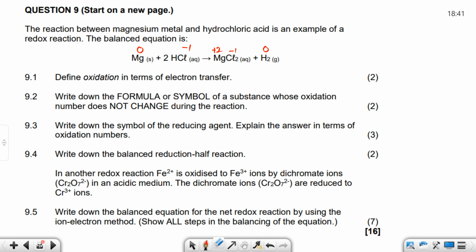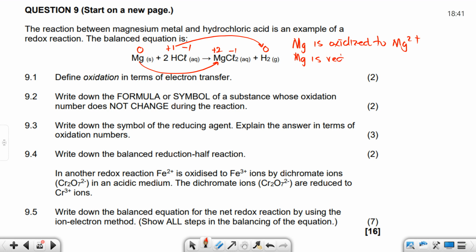Which one is increasing? Let me write this well. So please go back and check on how to calculate this. 0 to 2. And then 1 to 0. So Mg is oxidized to Mg2+, which means Mg is the reducing agent.